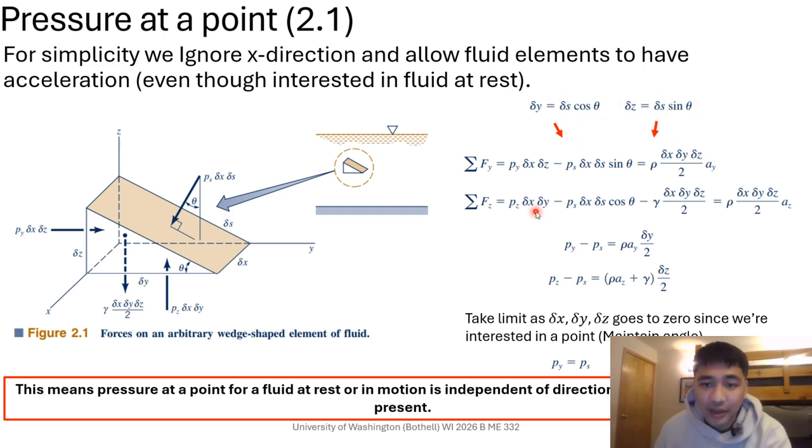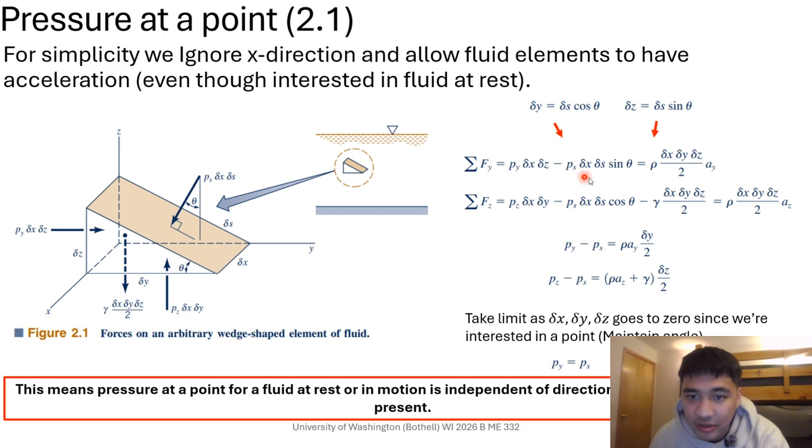Now we're going to do the summation of forces in the y direction, which is going left and right on the screen, and then the summation of forces in the z direction, going vertically up and down. We start off with our pressure P_y, which comes from here and goes to the right.